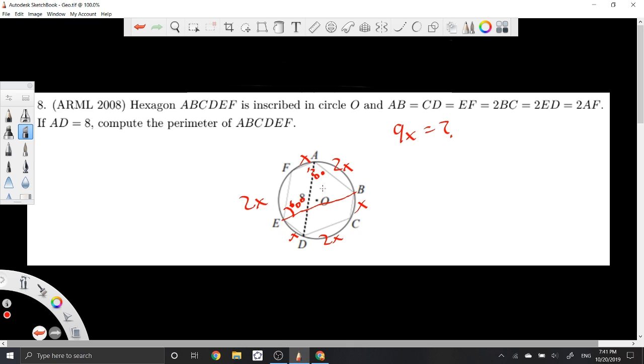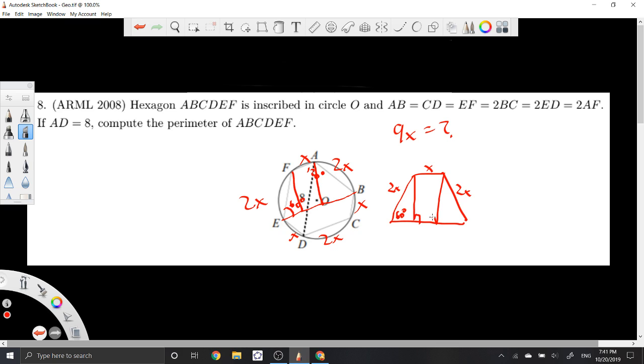something that you could say is, for example, if we drop these perpendiculars now, let me redraw this, then what we actually get is 2x, 60 degrees here, and x and 2x.